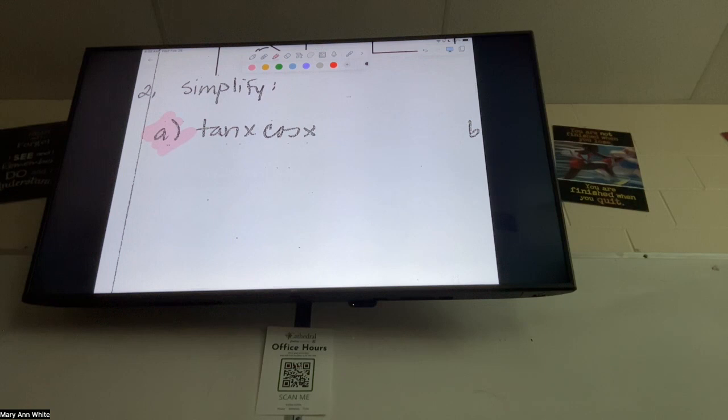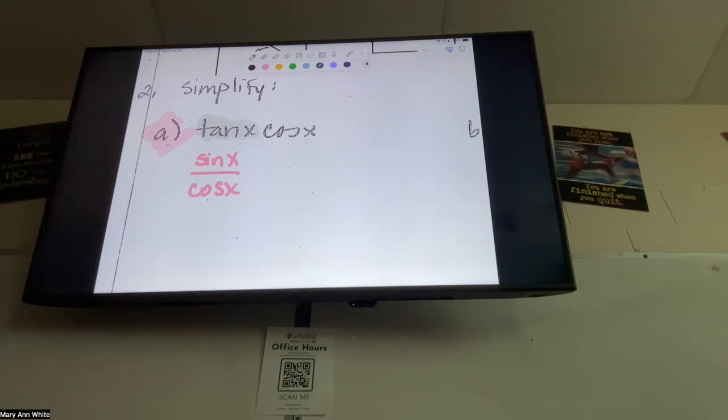Remember a second ago, I said something I'm gonna ask you often to do is put things in terms of sine and cosine. That's how we're gonna start this one. Can we rewrite tan x times cosine x in terms of only sine and cosine? Yeah, what can we write tan as? Good, sine over cosine. And you can make it x, you can make it theta, it doesn't matter to me.